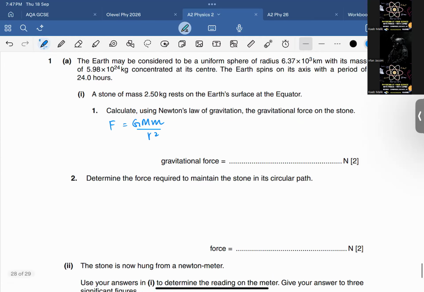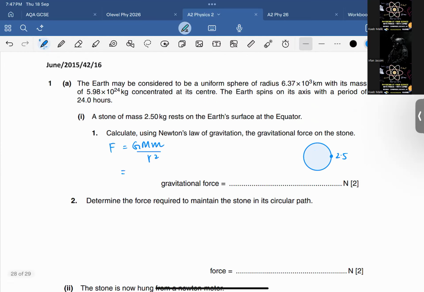They're saying that this is the object that you have, and this is the equator, and at the equator there is a mass of 2.5 kg. So you just put the value of G, 6.67 × 10^-11, then M is 5.98 × 10^24, and m is 2.5.